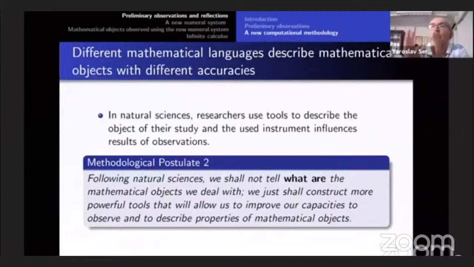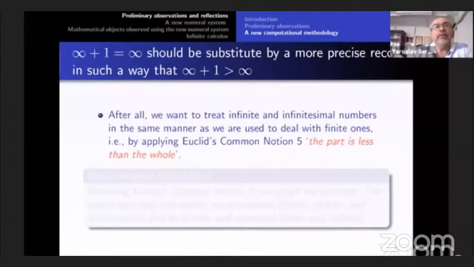And we accept that different tools will give us results of observations with different accuracies. So what are our tools? What do mathematicians use as tools? Mathematical languages and numeral systems, among other tools. So we will concentrate, in fact, on numeral systems, systems allowing us to express numbers.